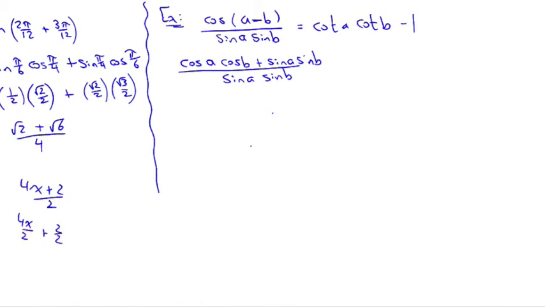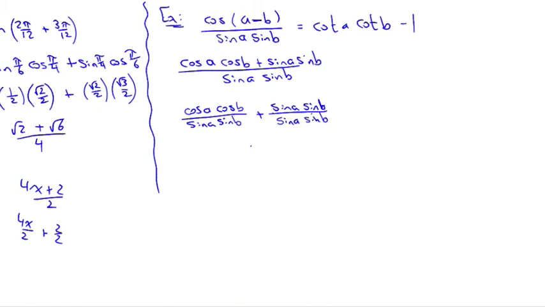So cosine A, cosine B over sine A, sine B, plus sine A, sine B over sine A, sine B. You have to write these really quickly and accurately so your brain doesn't come to a stop, because if you concentrate on the writing, you're going to forget why you're writing it.